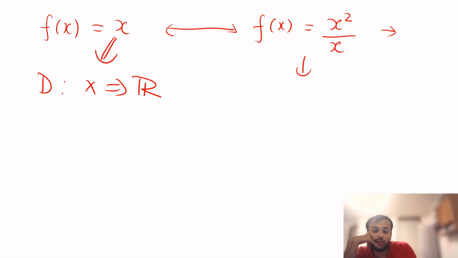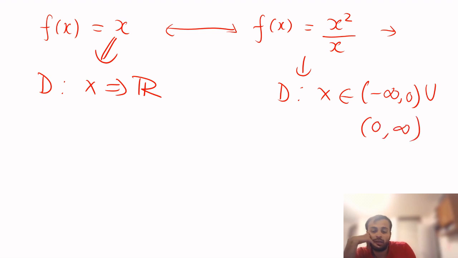So in this case, the domain would belong to from minus infinity to 0 union 0 to infinity. So it includes all the numbers except 0. It's interesting, isn't it, that the two functions look the same, but they might have two different domains.